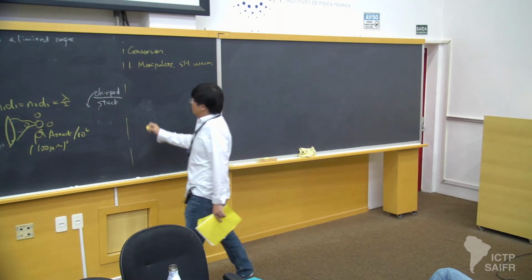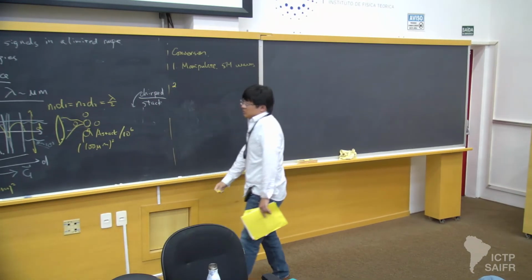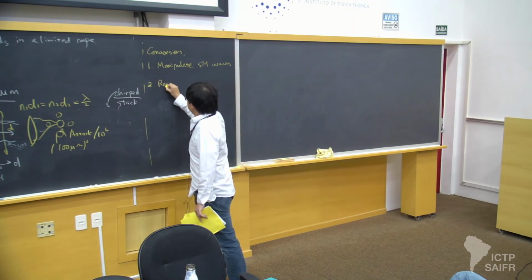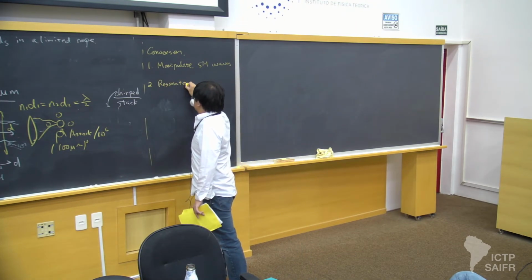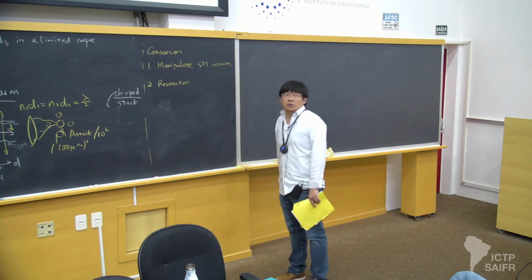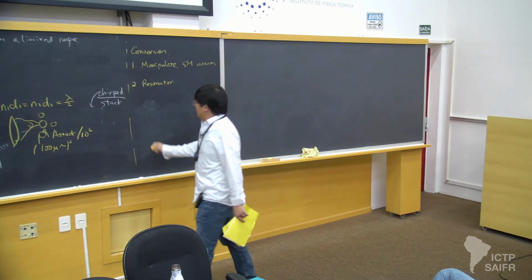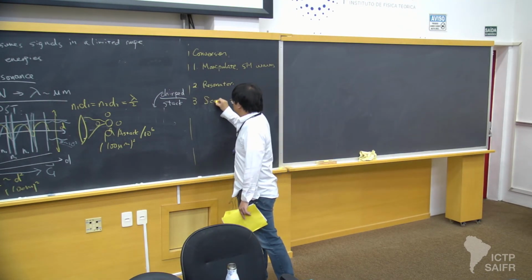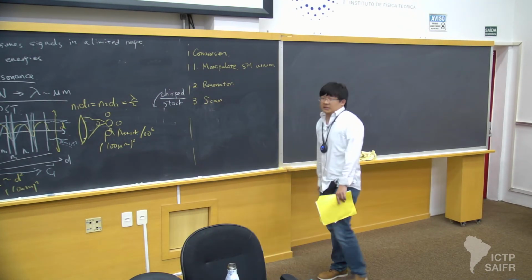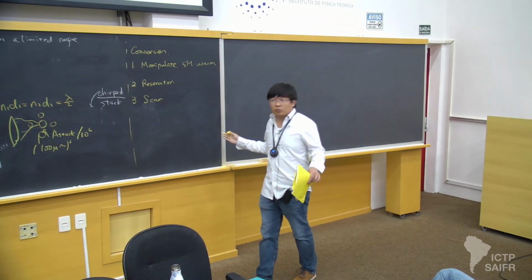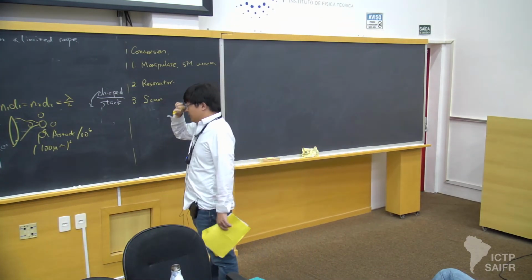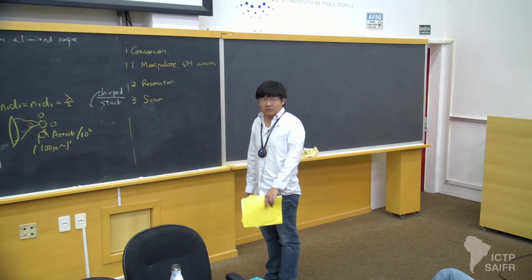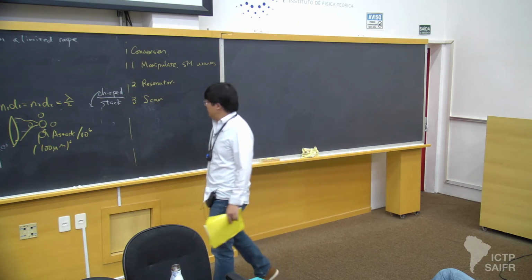The second thing we need to do is build something like a resonator such that I get as much signal as I can. The third thing is I need to scan, such that I cover as wide a range of masses or energies as I can for dark matter, because we don't know what the mass is.